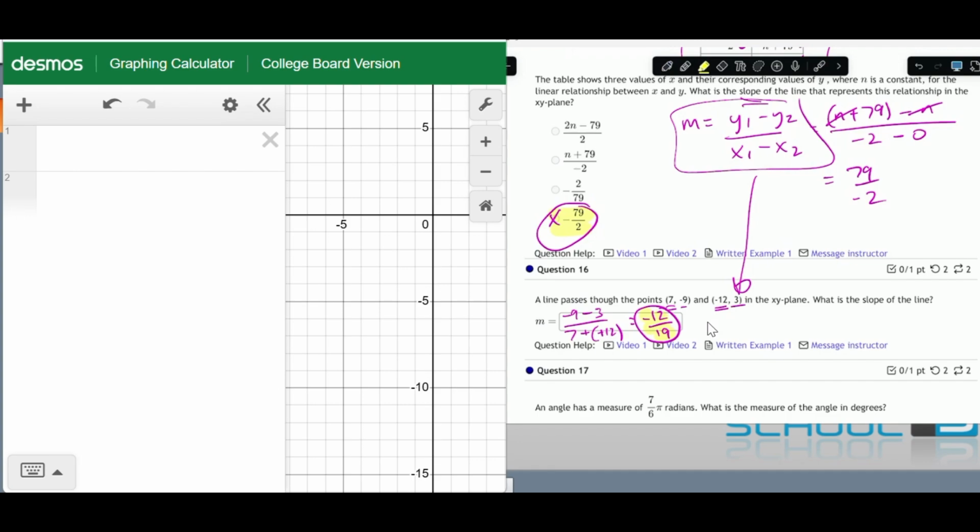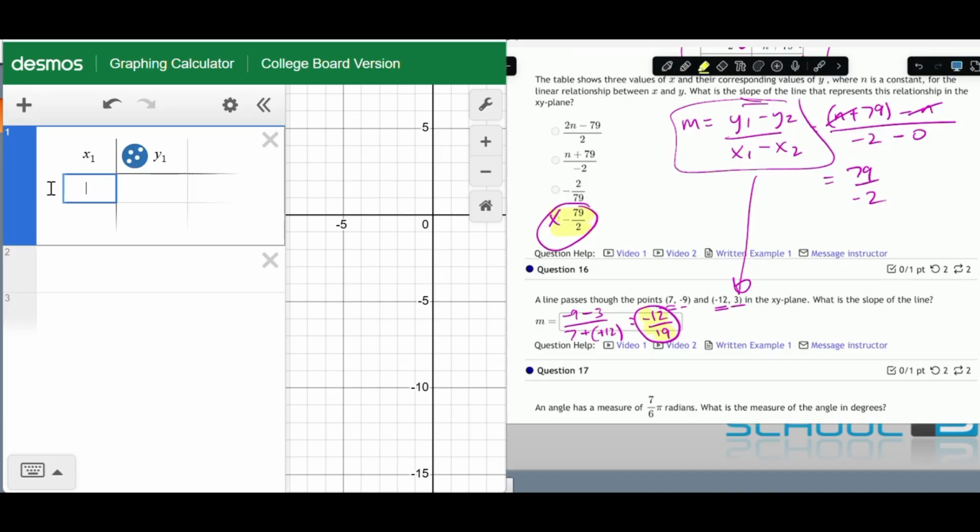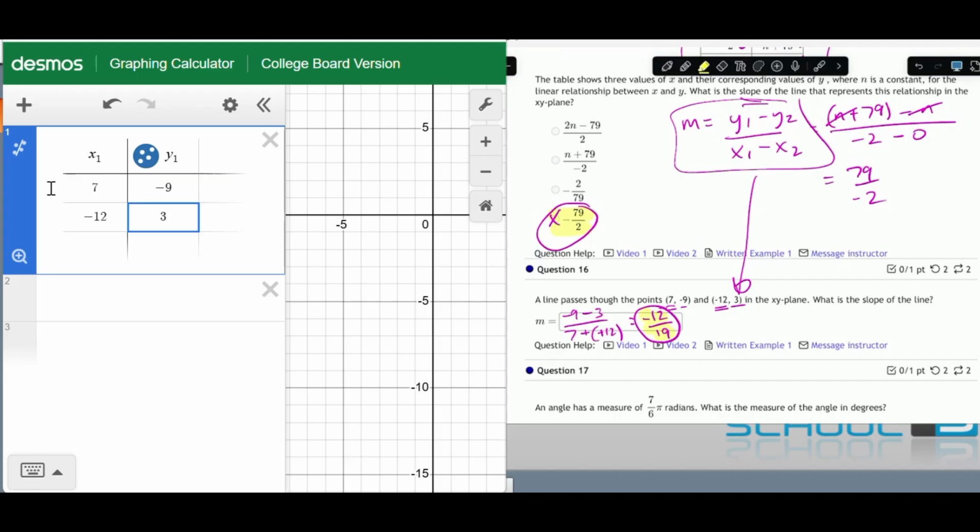If we're going to use Desmos for this, what we can do is go in and use regression. If we add an item and choose table, we have 2 points. We have 7, -9, and we have -12 and 3. If we use linear regression here, we only need one more point than the power or degree of the function. Linear functions are first degree.